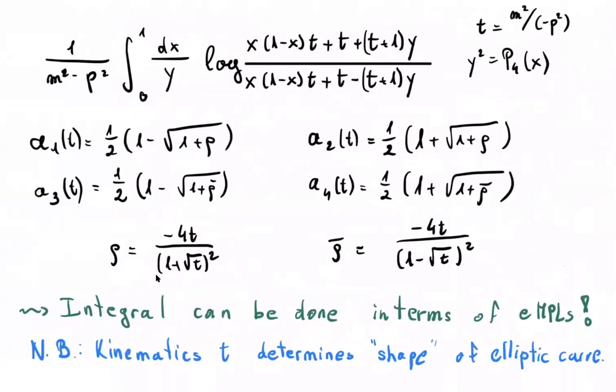And I show you the zeros of this polynomial here. These would be the 4 branch points of the picture. This guy, the O, is related directly to the ratio of the mass to momentum.